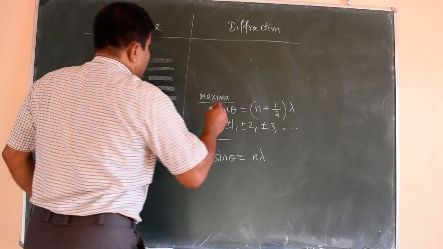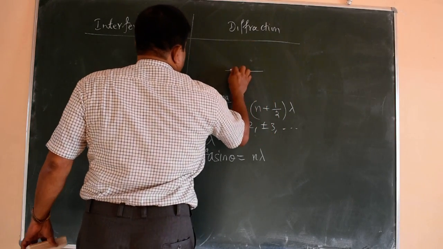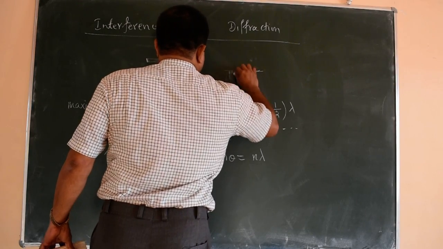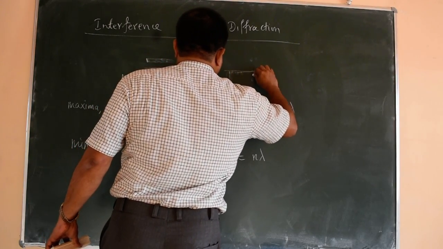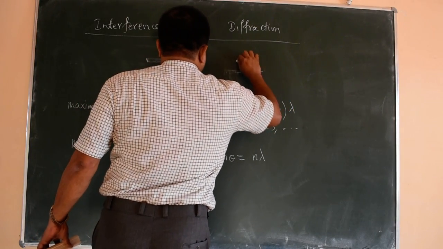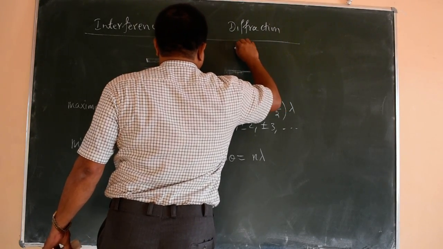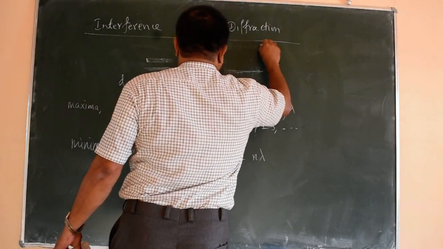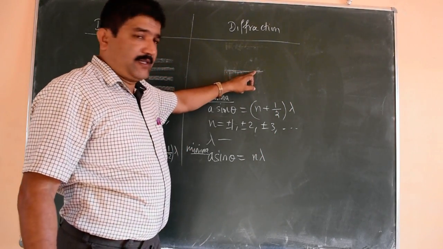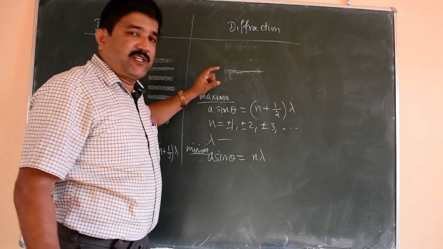Now you see clearly there is a dark region, a bright region, dark region, bright region. But in diffraction, what happens? The center of the maximum has the highest intensity. The intensity gradually decreases and fades to very low intensity on either side. Again there is a secondary maximum. So the bright region is there, but it gradually fades. Where the dark fringe is and where the bright fringe is, is difficult to understand.